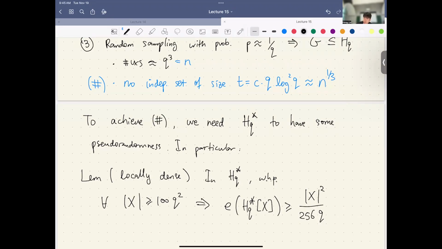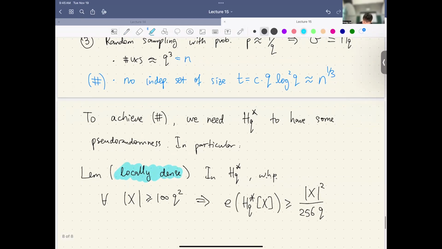Okay. Here, first of all, let me explain these parameters a little bit. First, why this density 1/Q? This is the best we can hope for. Why?